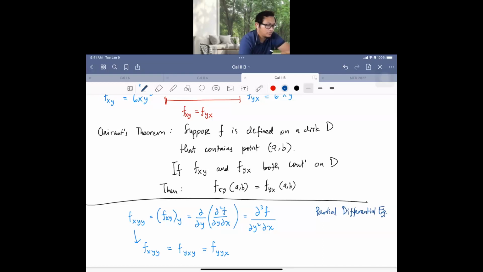And I think in some physics we can apply this as an equation, like Laplace equations and so forth. But I don't think I will discuss more of that now. Okay, so this is chapter 14.3, all about the partial derivative.